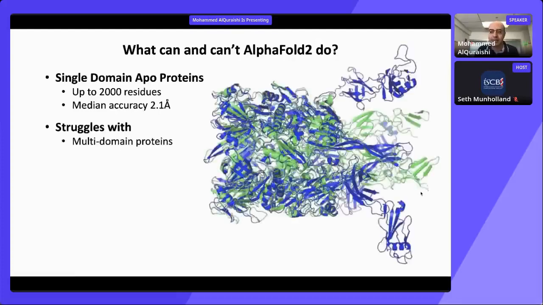Now, I think till now, it does struggle a bit with multi-domain proteins. This is one example of that. But I think one thing that's becoming increasingly clear is that many of these multi-domain proteins do have a lot of inherent flexibility. And so when we see a particular snapshot that AlphaFold2 generates, it's hard to say at this point whether that conformation really reflects an error, assuming that conformation disagrees with what one sees in the PDB.